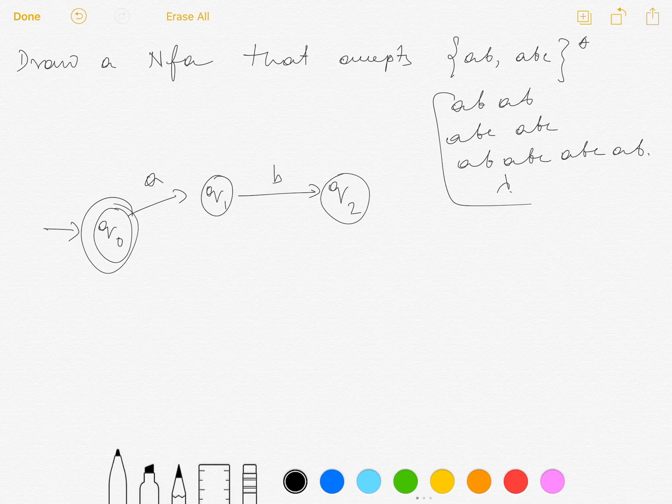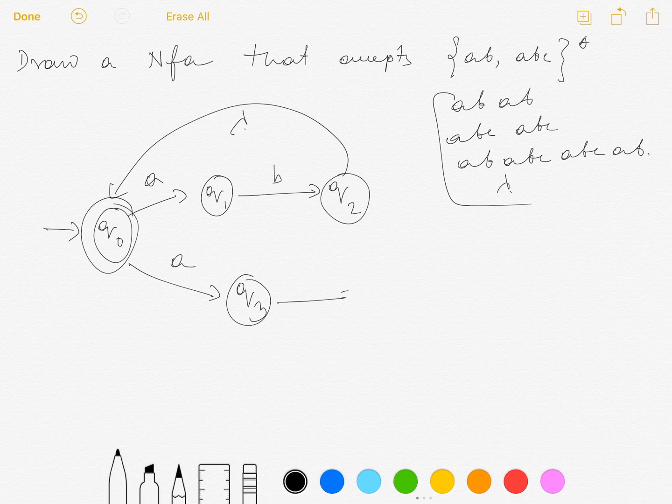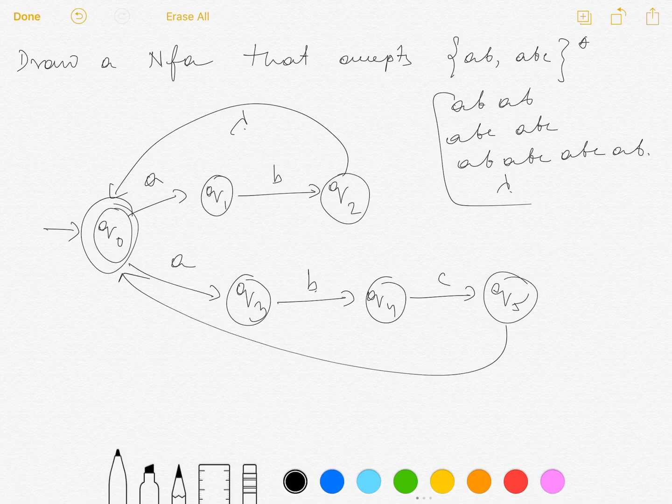Now at Q2, as multiple combinations of AB are possible, we can return back to Q0 with a lambda, which gives multiple occurrences of AB. Now for multiple occurrences of ABC, we do the same thing: A comes to Q3, then B, it comes to Q4, then C, Q5, and whenever we do not require any ABC combination, then we will come back to Q0.